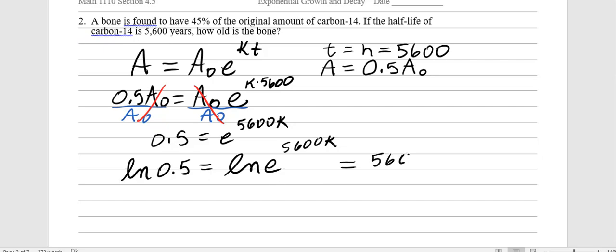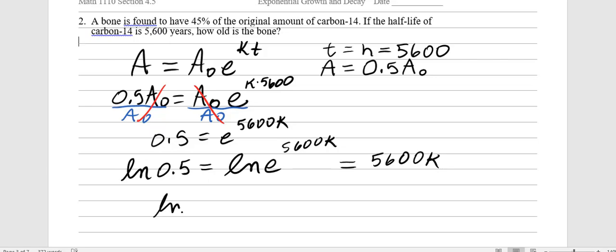So that's simply 5,600k. So when I start with some value, in this case 5,600k, I apply it to an exponential function whose base is e, and then I turn around and apply the logarithmic function whose base is e. I have applied a function followed by its inverse. I get back what I started with.